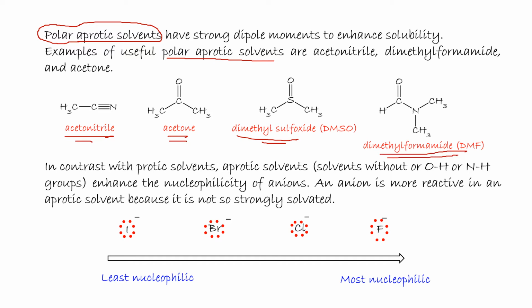As you can see, none of them has OH or NH. In contrast with protic solvents, an aprotic solvent without OH or NH enhances the nucleophilicity of the anions. There is no solvation here as in protic solvent. That's why you will find that fluoride is the most nucleophilic, while iodide is the least nucleophilic.